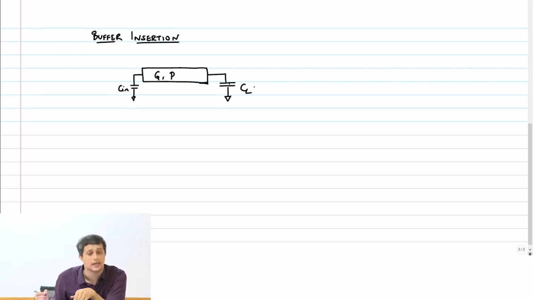So I'm going to take my old circuit which I had. I had a path logical effort of G, path parasitic effort of P. This was my Cin cap, and I had a load cap here, CL. So the path logical effort is G, and there is an H, and there is a P. Now I am going to alter the circuit as follows.